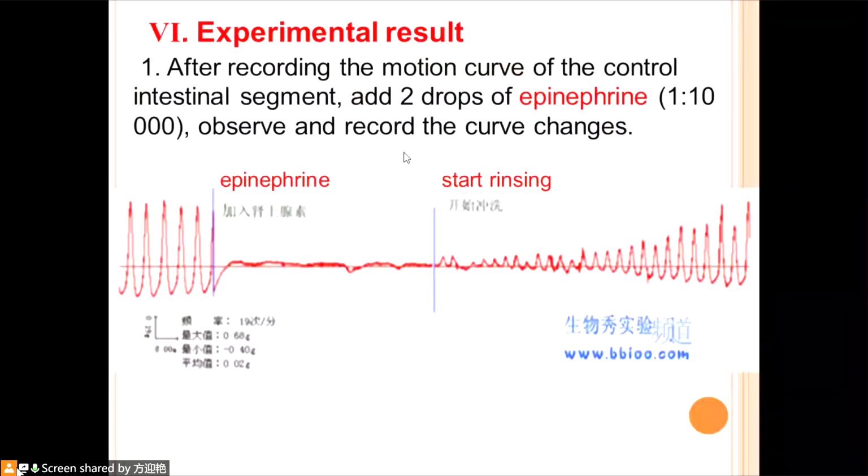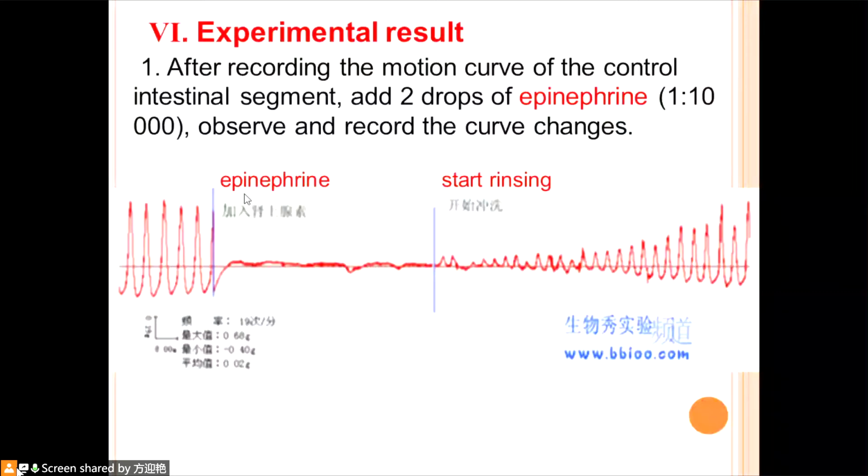The mechanism. Who knows why this phenomenon happened? Do you know? Why this phenomenon happened?